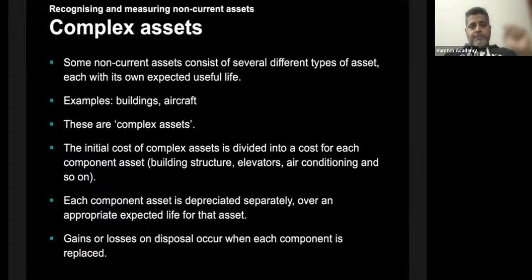Now, the issue that we have to address over here from the context of financial reporting is to decide the expected useful life of the asset in order to calculate a depreciation charge. That is, say in case the cost of the asset is 100,000, the body has a useful life of 20 years, the engines have a life of 4 years.